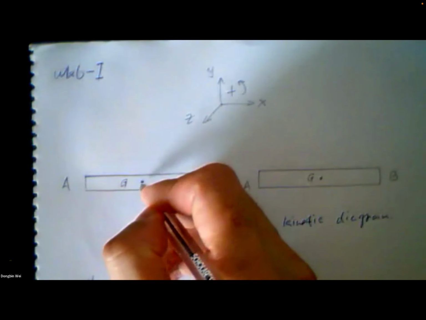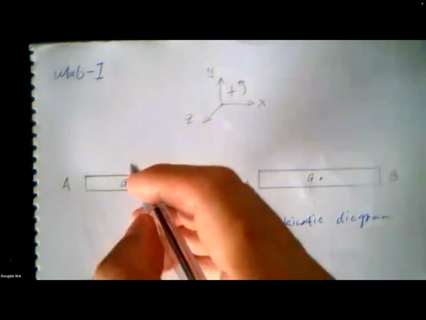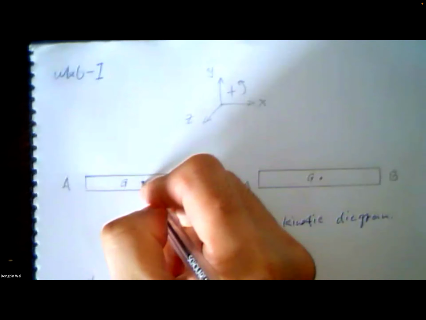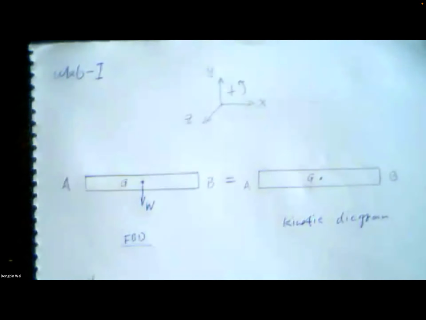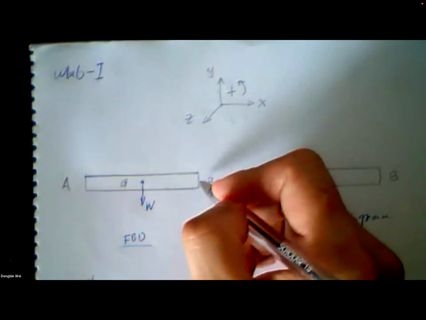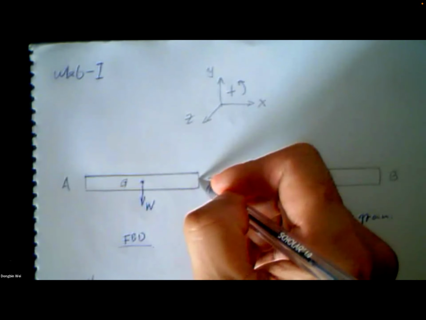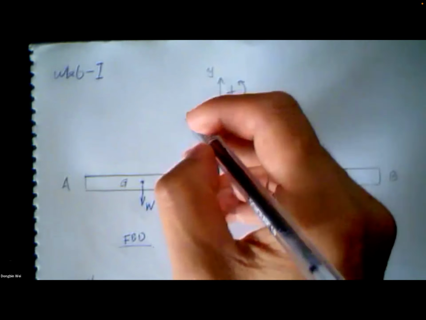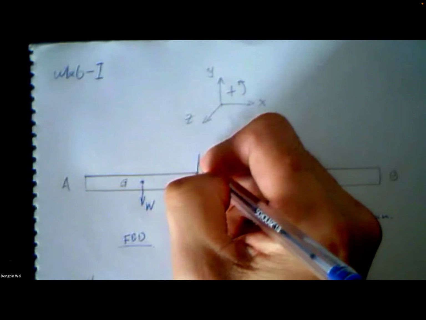At the mass center point G, we have weight force W. Another external force is at point B, where we still have a tension force from the cord.